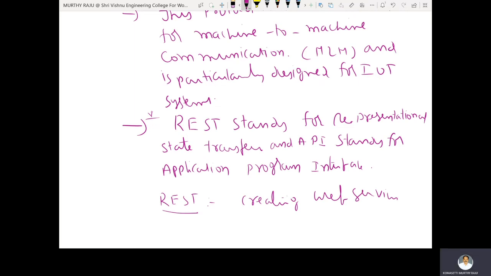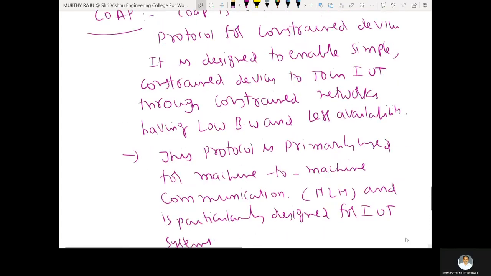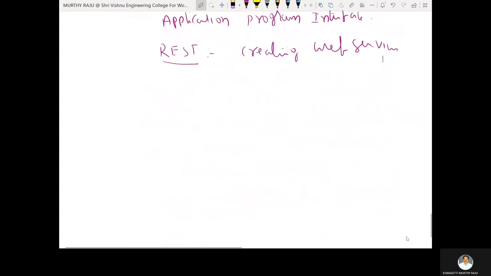The next important one is Hypertext Transfer Protocol, HTTP, which is also a very, very important protocol.